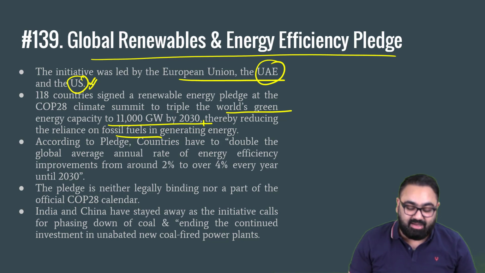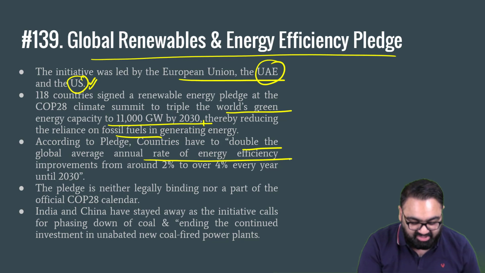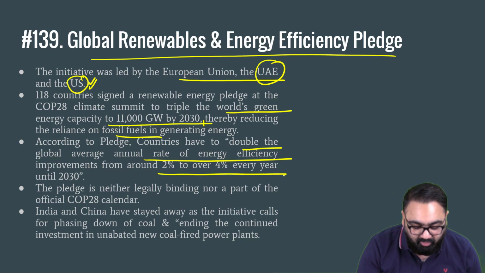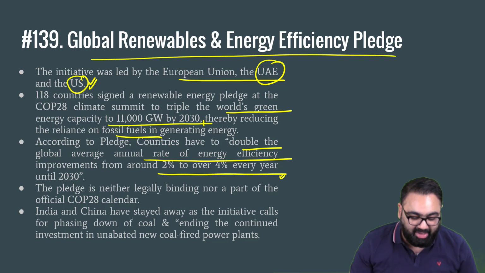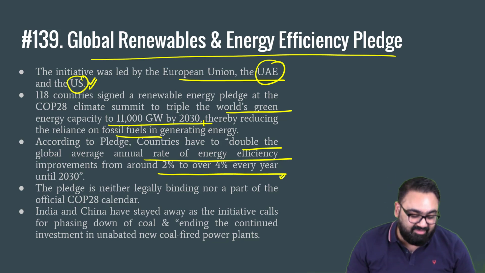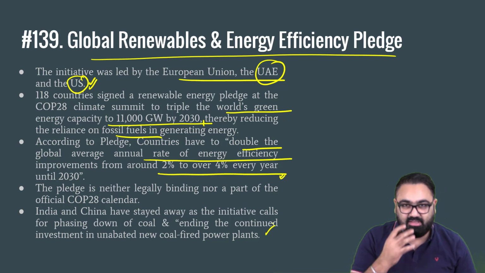As per the pledge, the countries promise to double their global average annual rate of energy efficiency improvement from 2% to about 4% every year until 2030. This is not a legally binding pledge. It's more of showing it to the world that see, we are doing something about it. India and China have remained away from this.